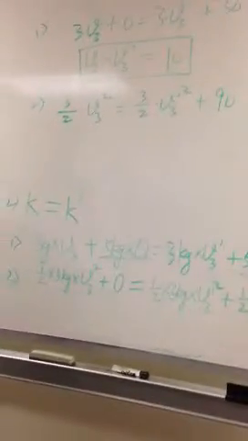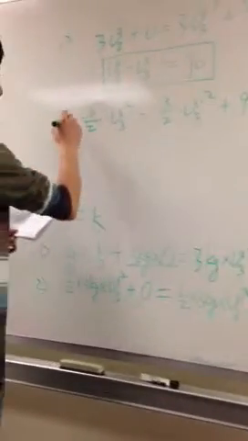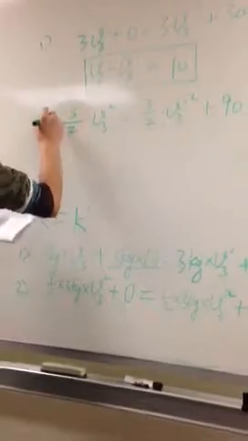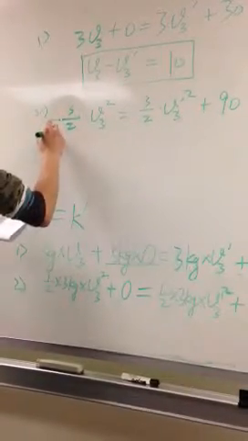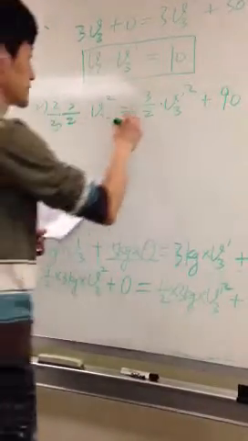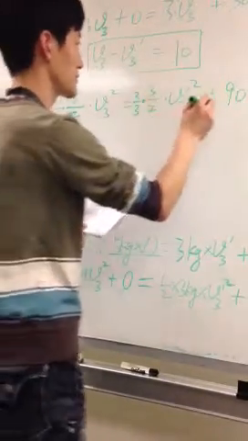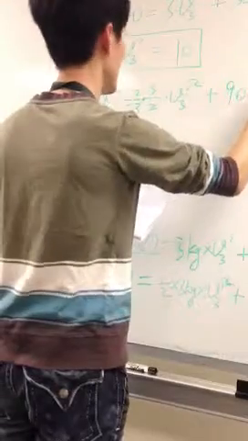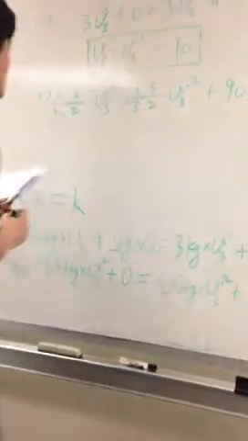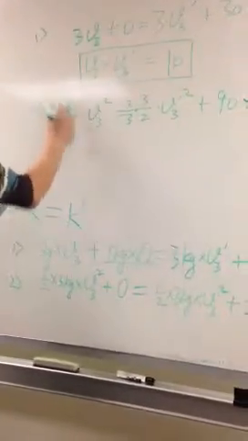And then if you multiply by 2/3, you cancel this, right?